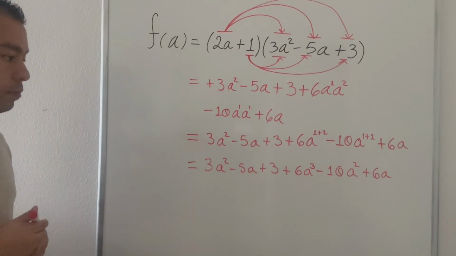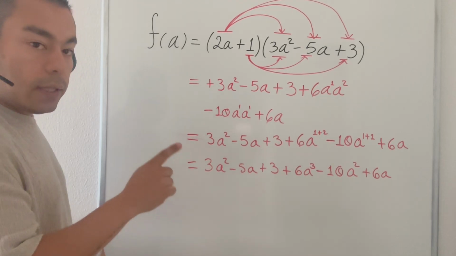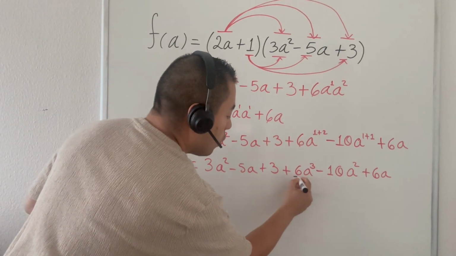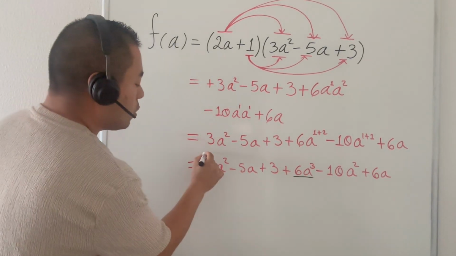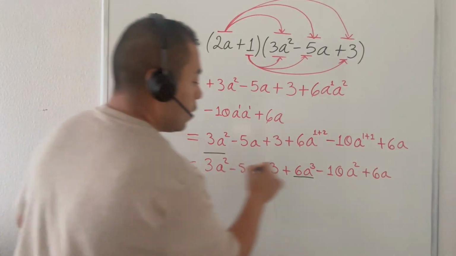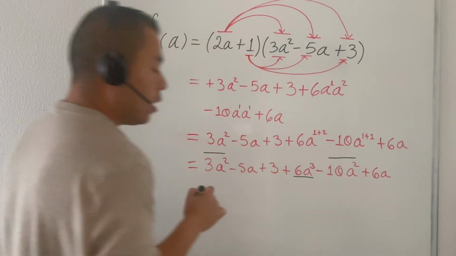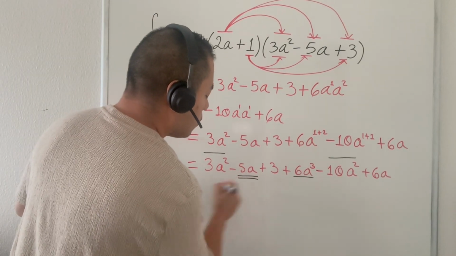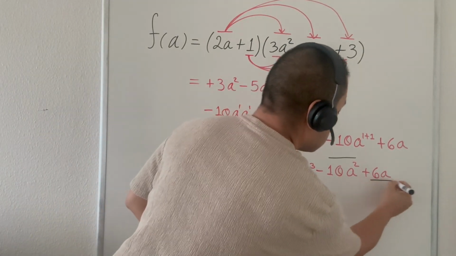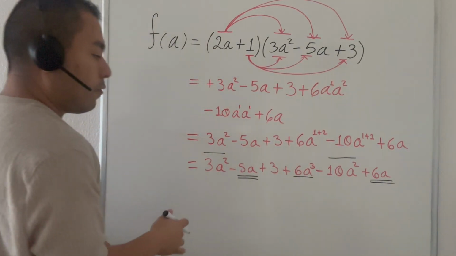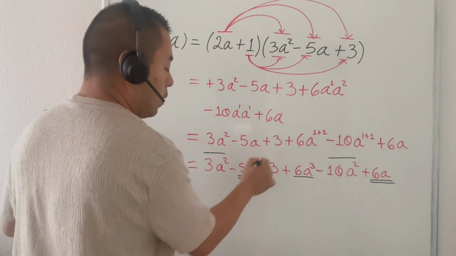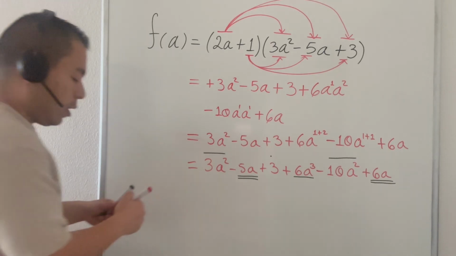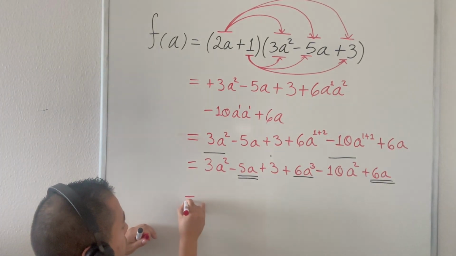And we are almost done. Now we need to identify the like terms, okay? We have here an expression with a cubed. We have an expression with a squared, another a squared here, and we have expressions with simple a's. And then we have another expression without a variable, this one. So now that we have identified the like terms, we can just do the reduction.